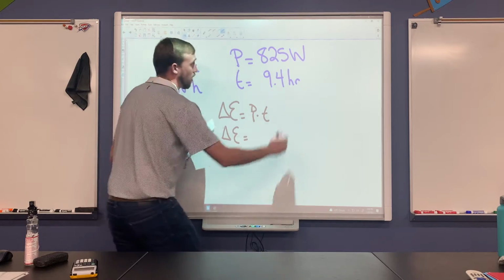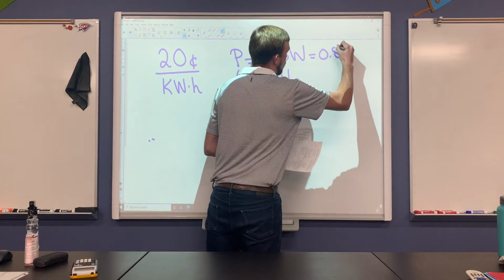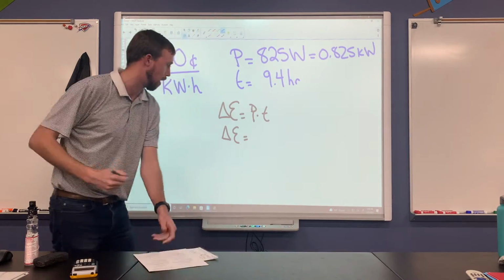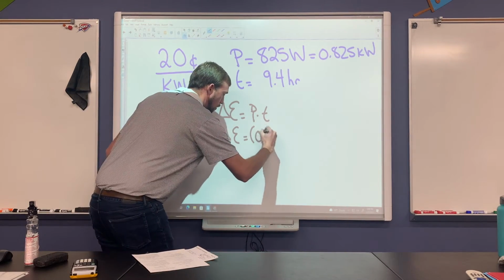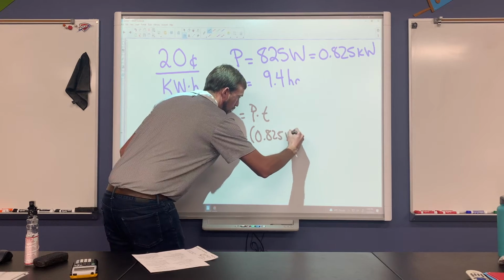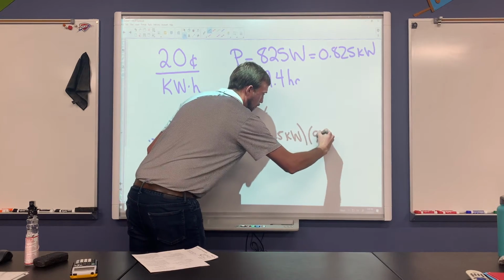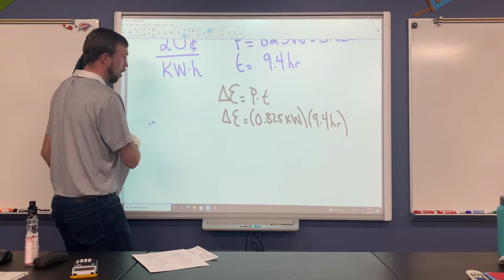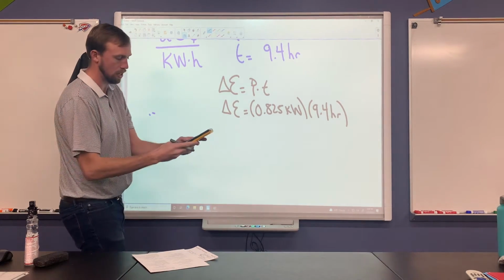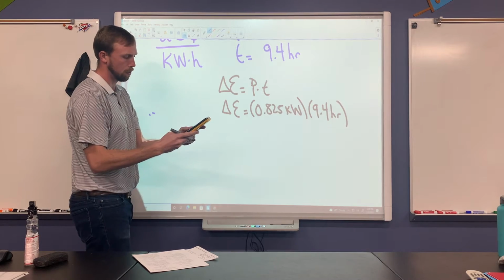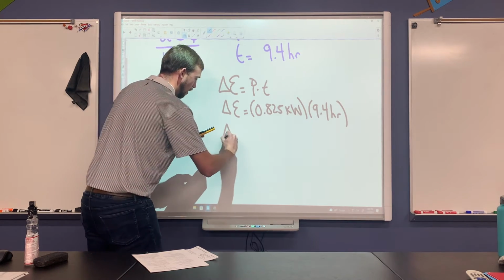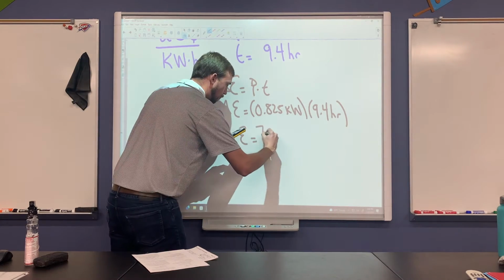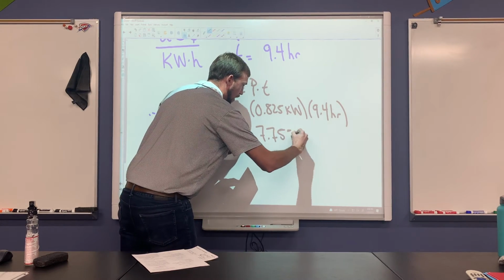If I divide by 1,000, this would be 0.825 kilowatts. I just converted from watts to kilowatts by dividing by 1,000. So we get 0.825 kilowatts multiplied by 9.4 hours. Once I'm here, I will take 0.825 multiplied by 9.4, and I get delta E, my change in energy, how much energy we're using, 7.755 kilowatt hours.